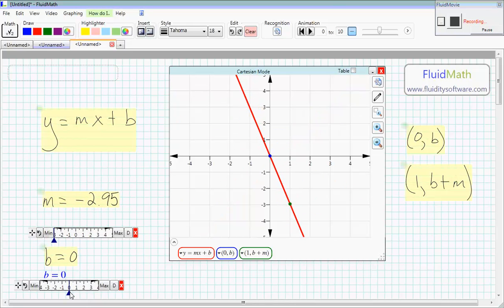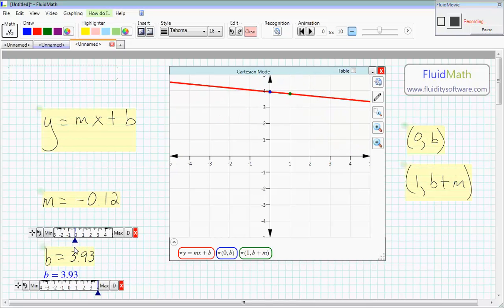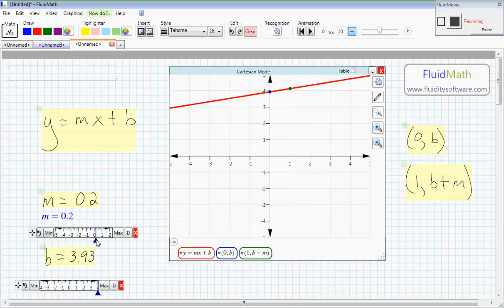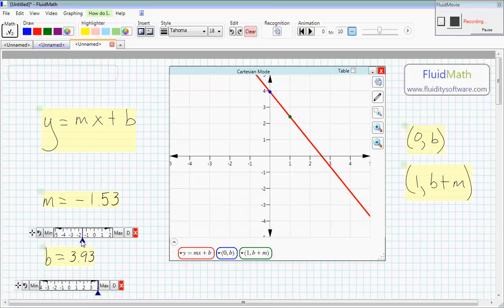Now let's see what happens if we change b away from 0. And we can see it's still passing through it. So with this form, in this setup, we can see that the line passes through the point 0, comma b, and the point 1, comma b plus m.